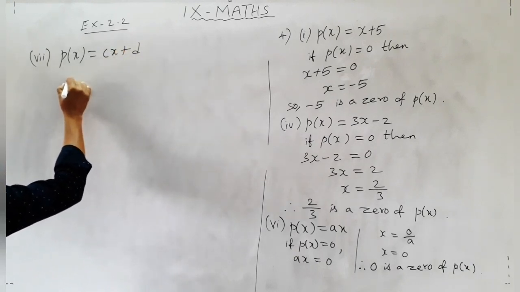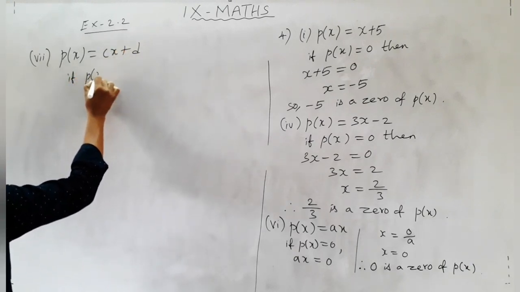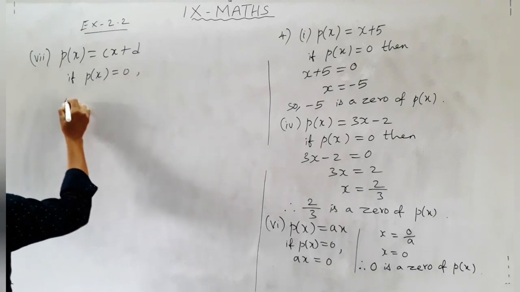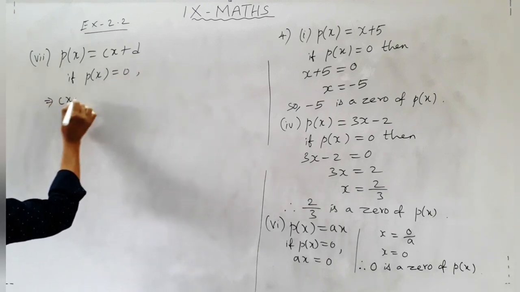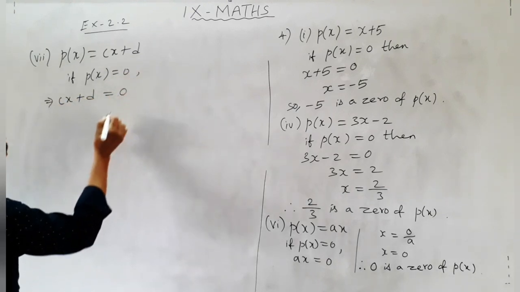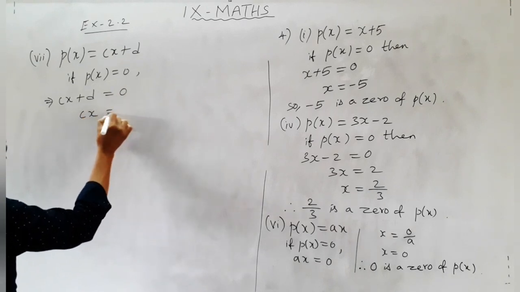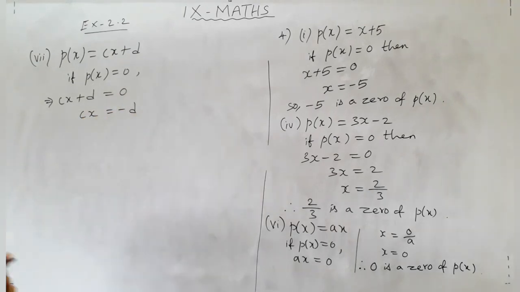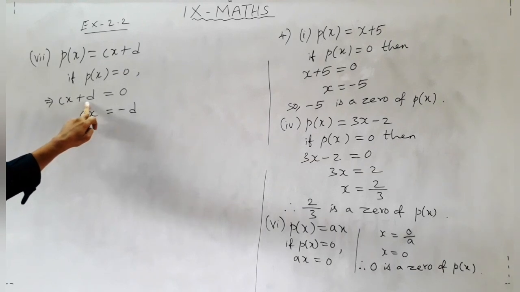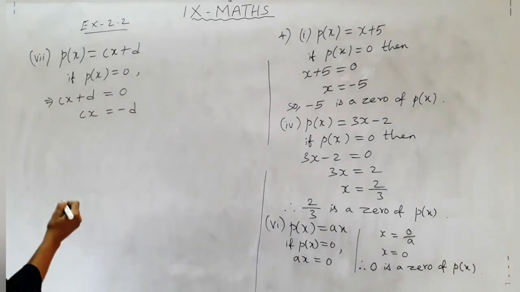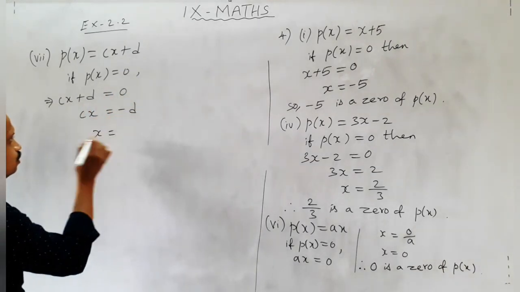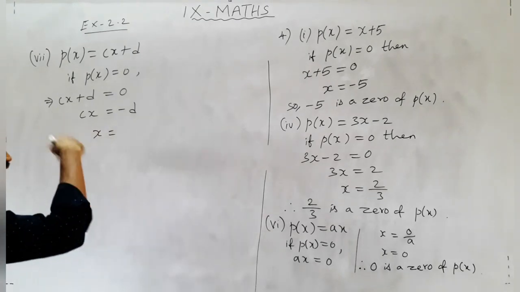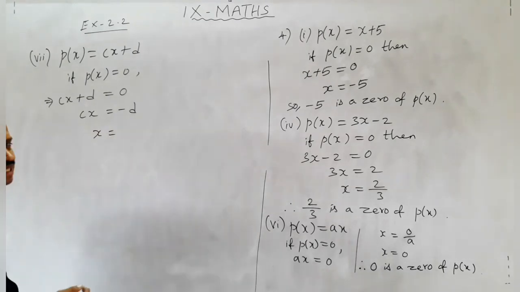Okay. So if p of x equal to 0, then this implies cx plus d equal to 0. So cx equal to minus d, by transposing plus d to the right side. Here c into x, so take c to the right side, it will go to the denominator.